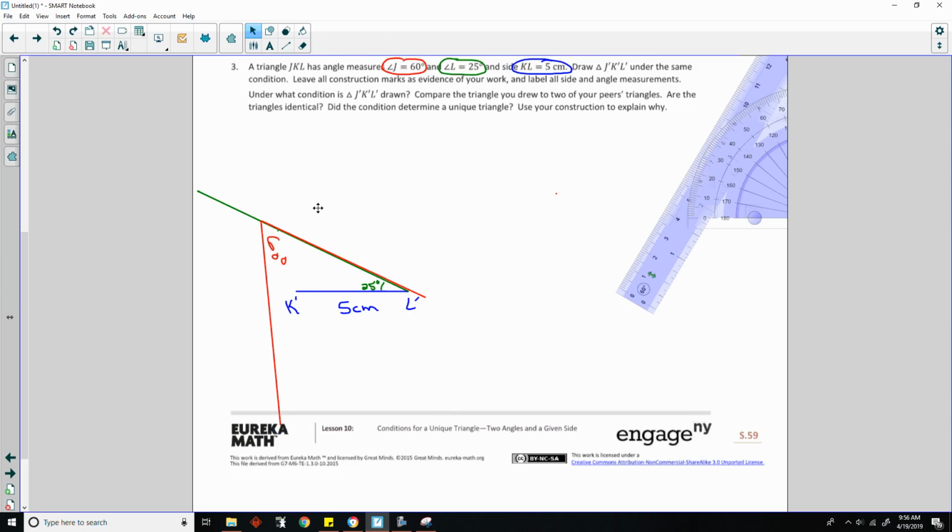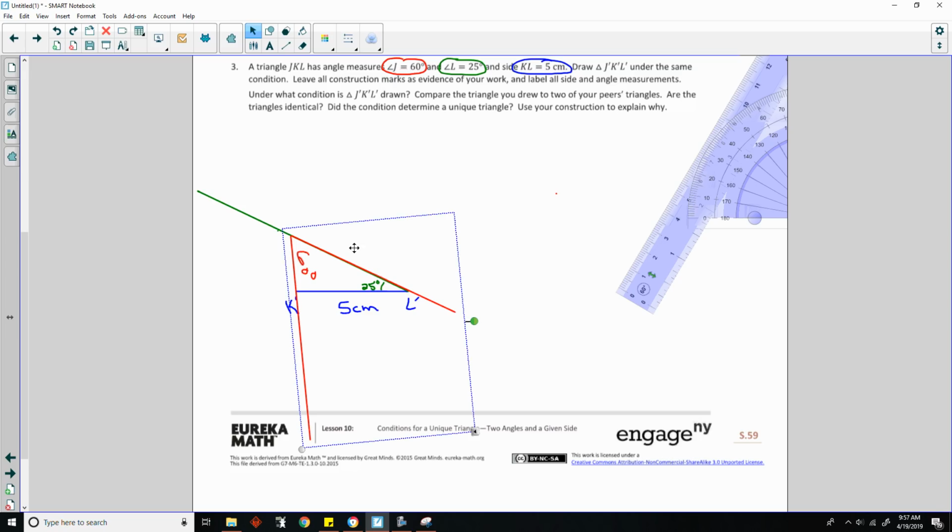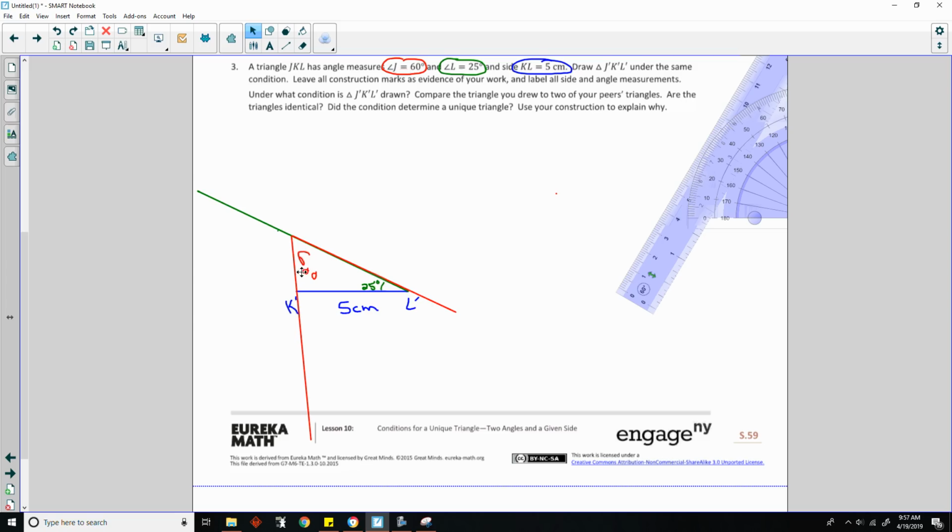So if I put my patty paper down here, like so, that's pretty close right there. Okay, I'm just trying to be really accurate. There. Okay, so there is my triangle.